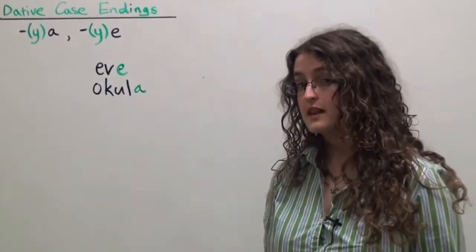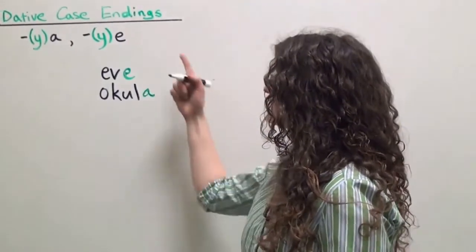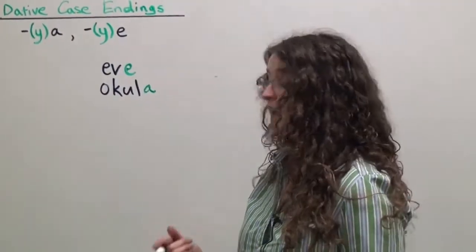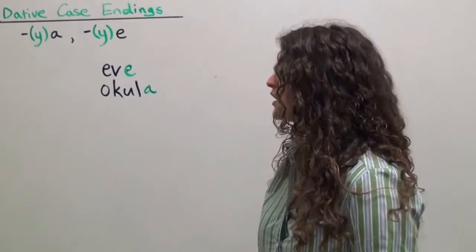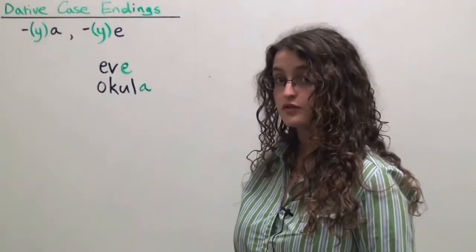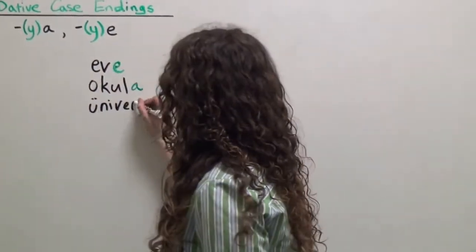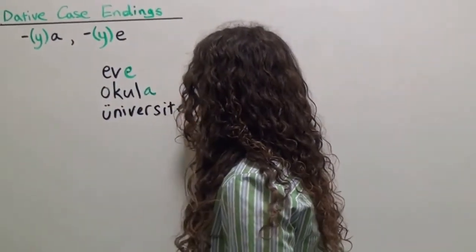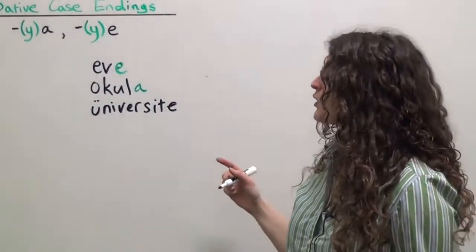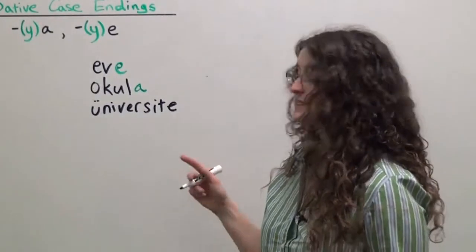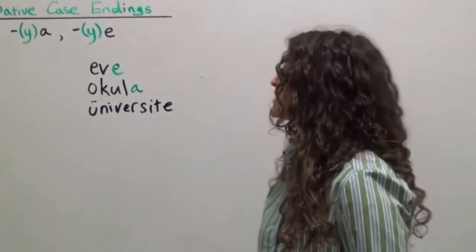What if the noun or pronoun we want to add the dative case ending to ends in a vowel? So, for example, the Turkish word for university, üniversite, ends in a vowel. We know that Turkish does not like to see two vowels next to each other.